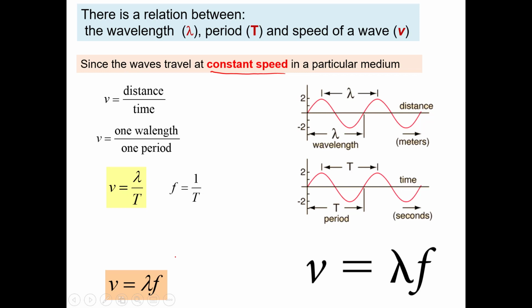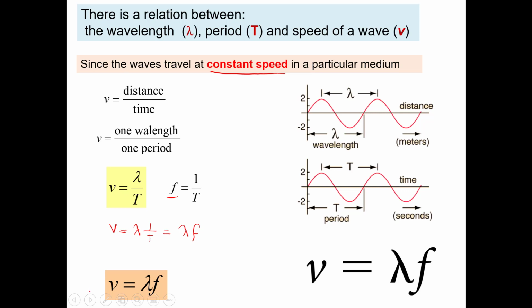Then let's now write this equation like that. Yes, we just rewrite the equation. You can see these are equivalent equations. If we multiply wavelength times 1, we will get wavelength over time. But we know the inverse of the period is the frequency. Then we can write this one. And this is the equation we had here.